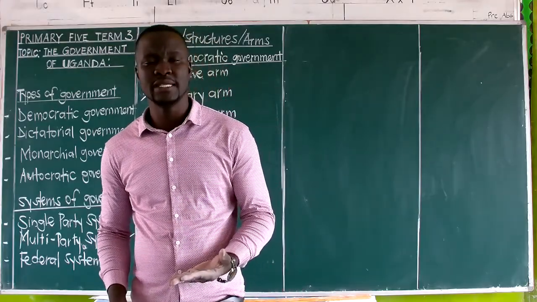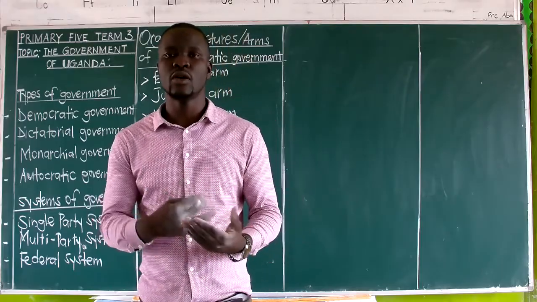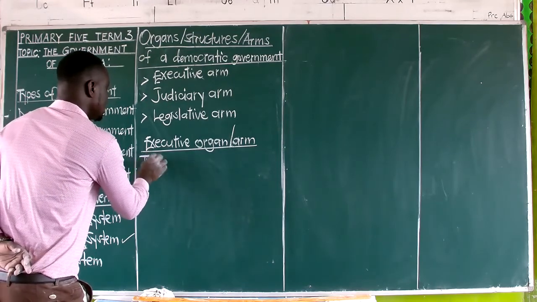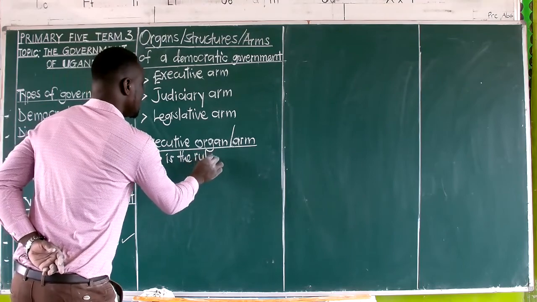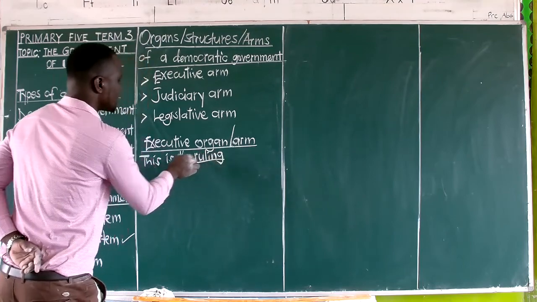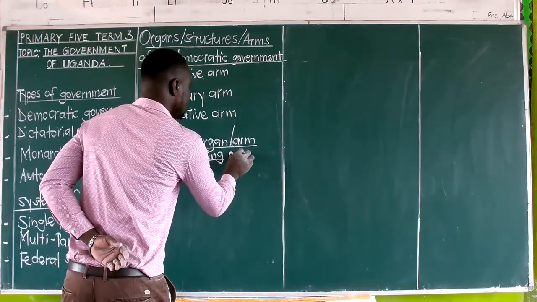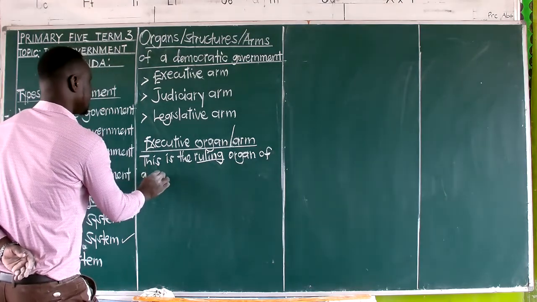Now here we shall be saying the executive organ forms what we call the ruling organ of the country. This is the ruling organ of the country. Again, we get the word ruling, from the word rule, as we had. This is the ruling organ of a country.